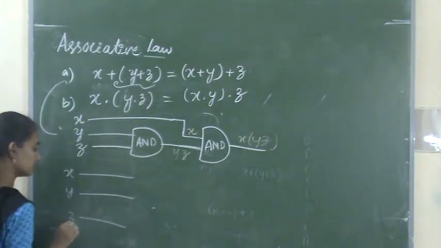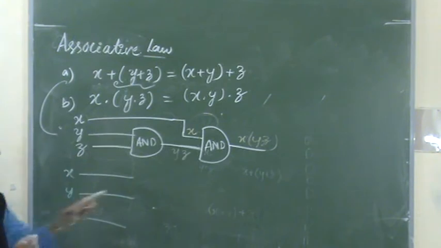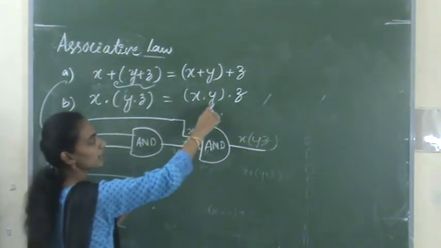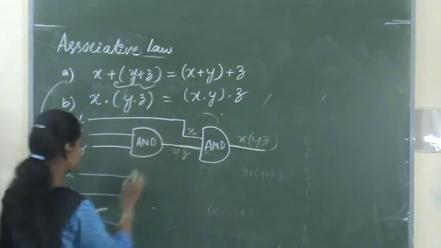Okay. So in the same way for this, first we have X, Y, Z, right? So we are providing 3 inputs. So for that, first we are performing the AND operation with X and Y, right?